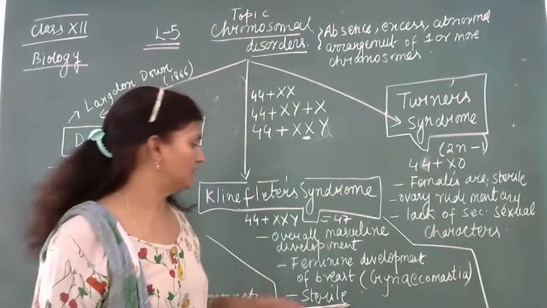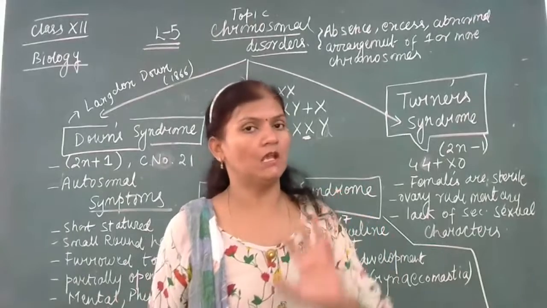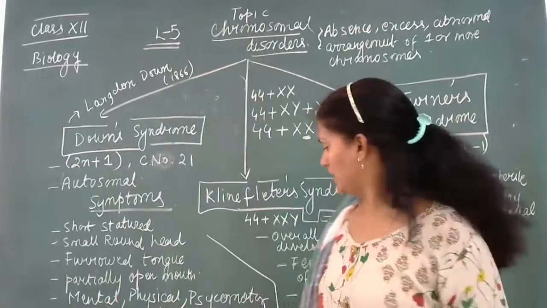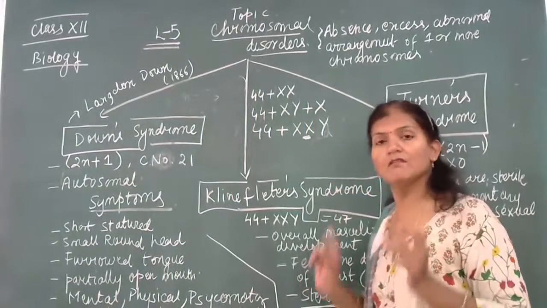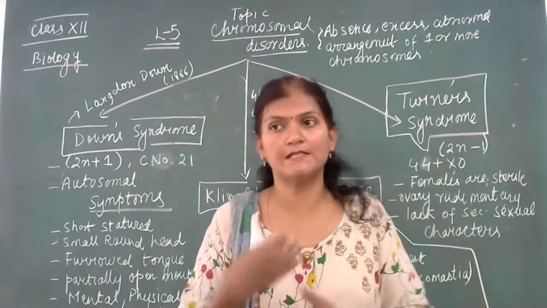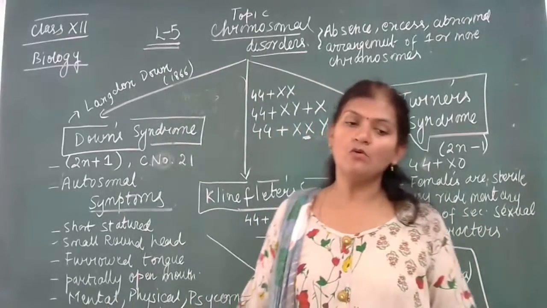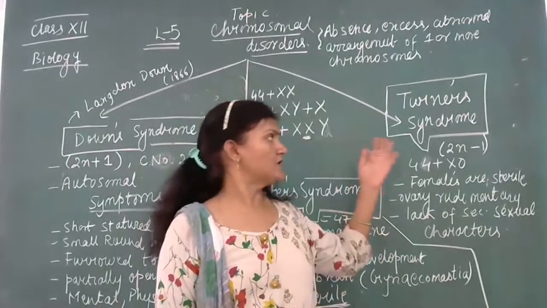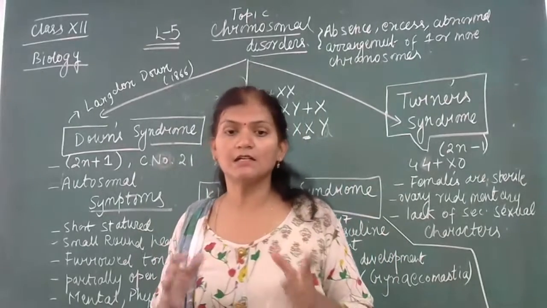And this person will be incapable of what? Incapable of reproduction, and the person will be sterile. Now, let us move to the next type of syndrome, which is known as Turner syndrome.